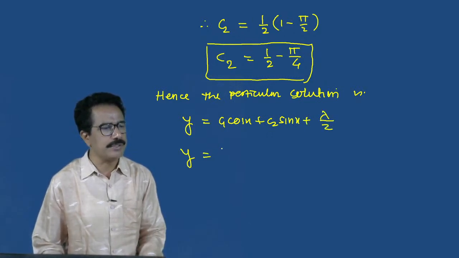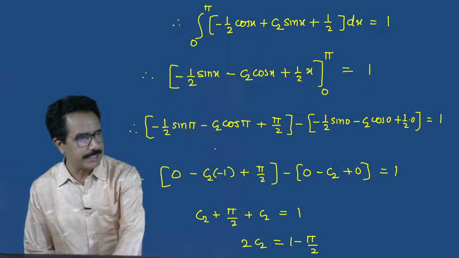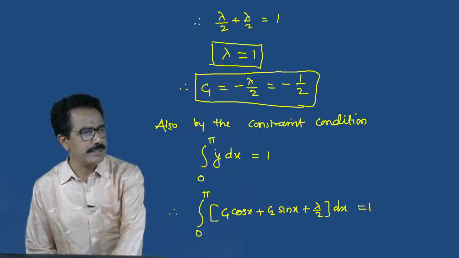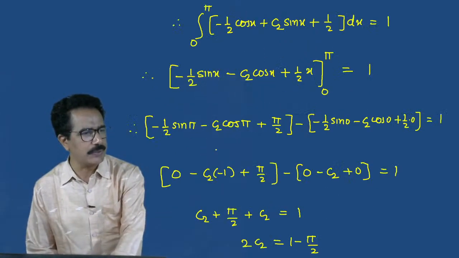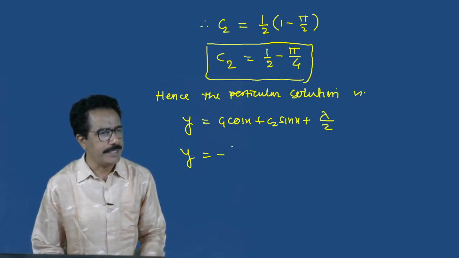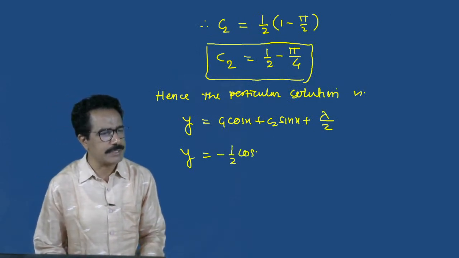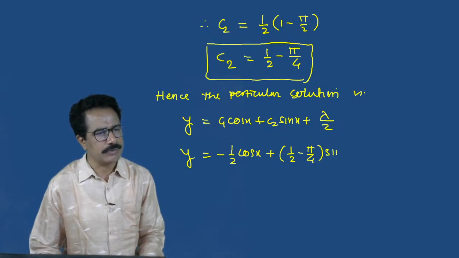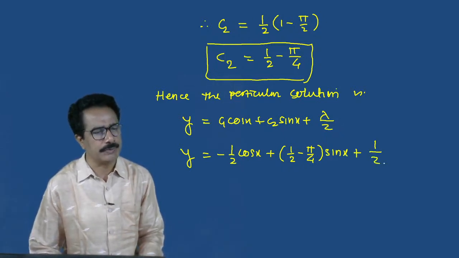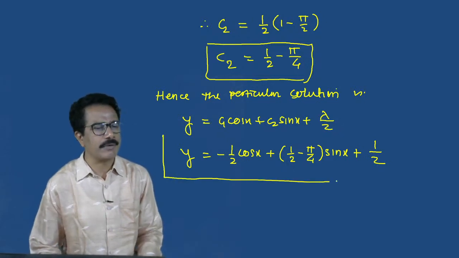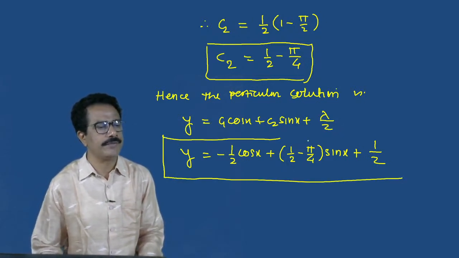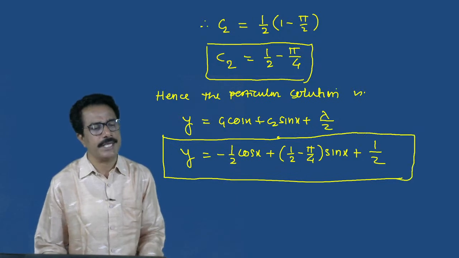C1 ची value किती आली रे students? C1 means minus 1 by 2, so minus 1 by 2 cos x, C2 means 1 by 2 minus pi by 4 into sin x, and lambda means 1 by 2. So this is the required extremal of the given functional.